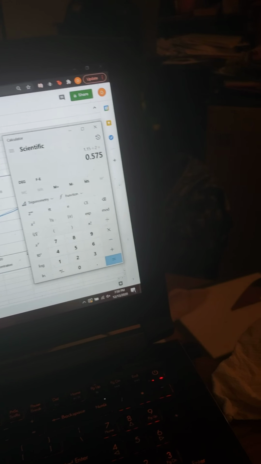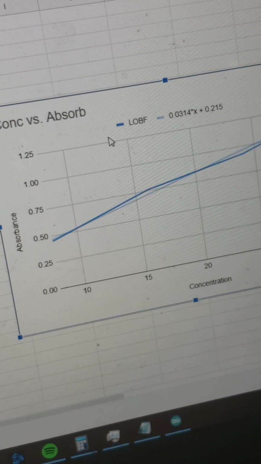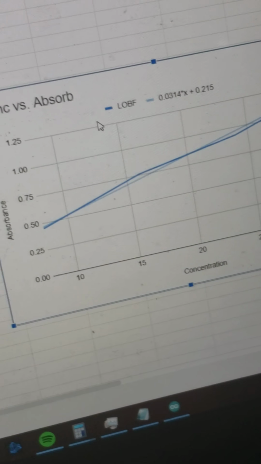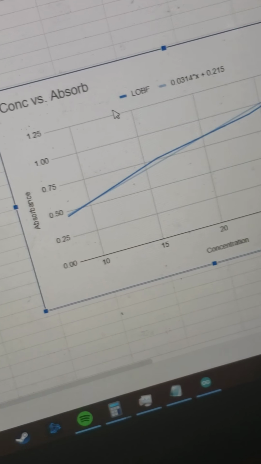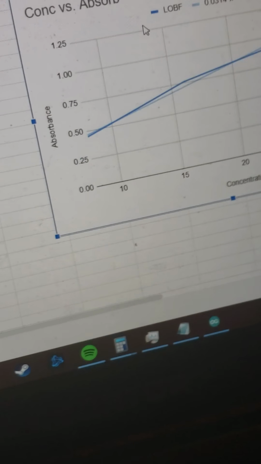Half of 30 is 15. And if we look on the data chart, you can see that the data shows about 6 absorption rate per concentration.